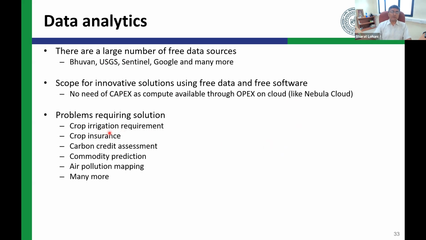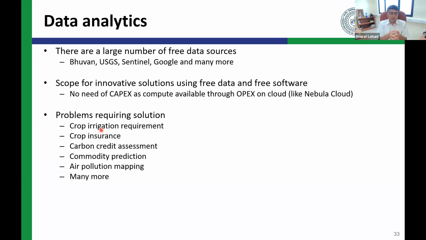For example, say crop irrigation requirement. We have the weather data available. We have the rainfall data available. We have the soil moisture data available. We have the land use data available. By combining all these data, it should be possible for me to advise a farmer whether he should irrigate his field or not. Isn't it?